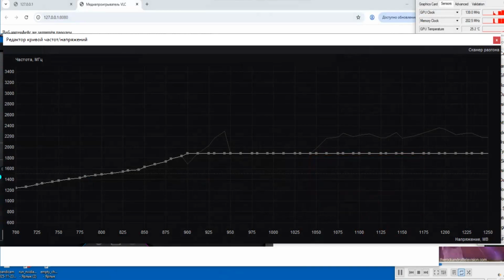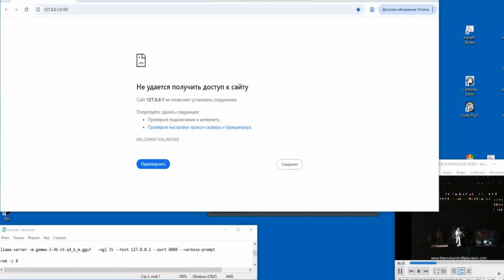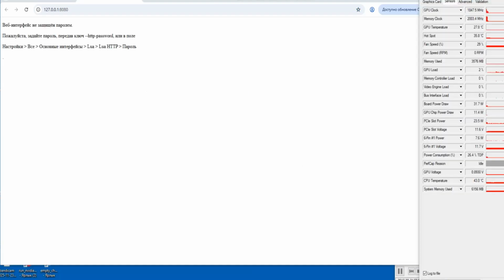Undervolting is carried out with the video accelerator. In the MSI Afterburner program I set such a frequency-voltage curve so that the voltage on the video chip does not exceed 0.9 volts. We will start testing with the launch of large language models.